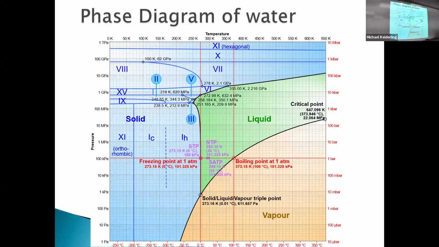So this is the phase diagram for water. Down here, this is a gas. So low pressure, high temperature, that's a gas, generally. And here we have a liquid, which is sort of in the middle.